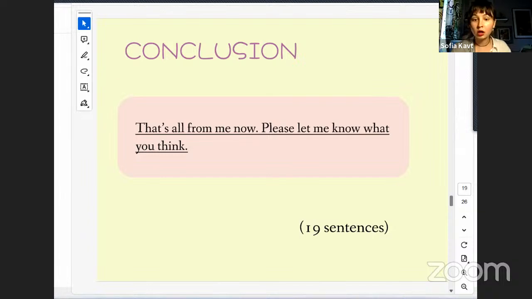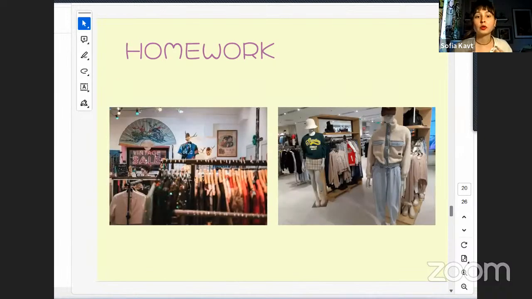Okay, so now we're going to move on to the homework prep activities I have prepared for you. I have found some more stock photographs on the internet, which illustrate two different types of something.